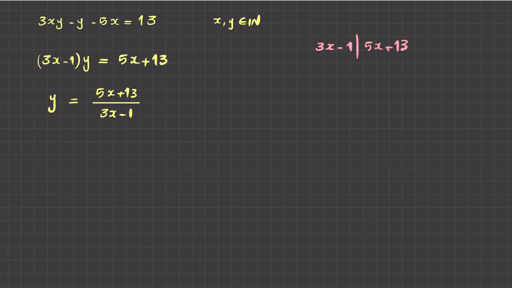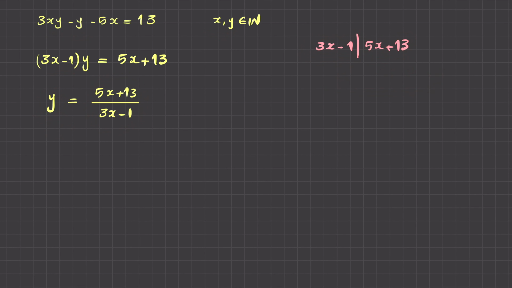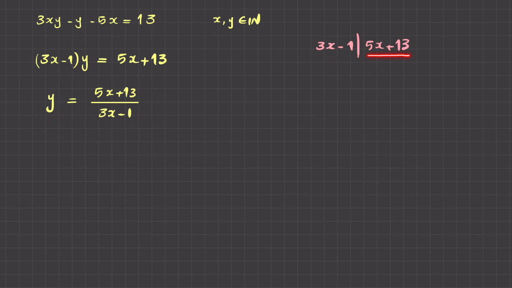So this means 3x minus 1 is either 13, minus 13, 1, or minus 1. We don't have more options than this. So the ideal scenario for divisibility, if I want to use this idea to solve equations, is the case that I don't have any x dependence on the right-hand side.